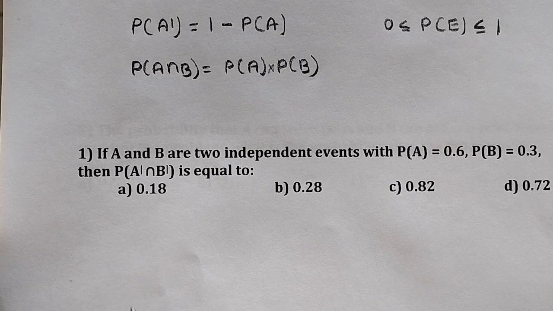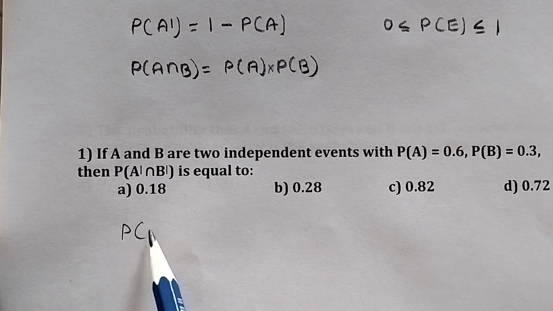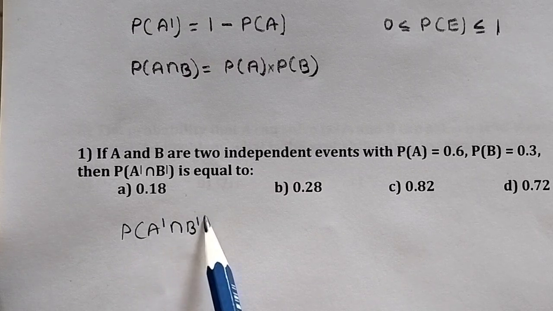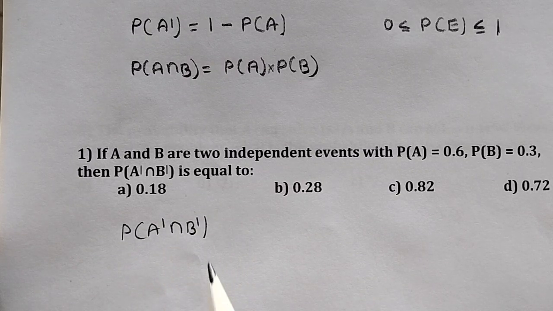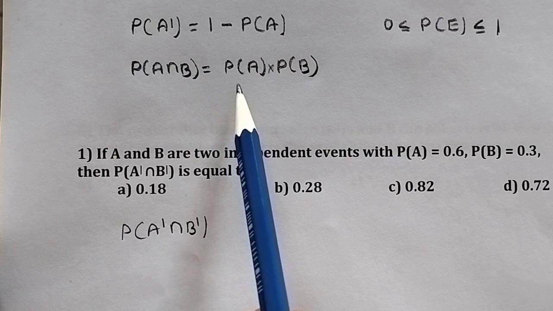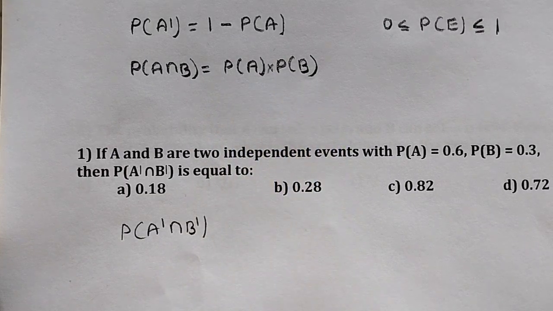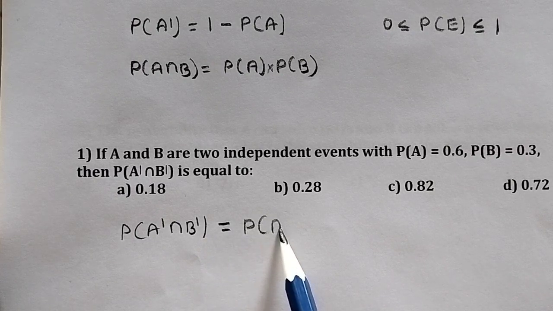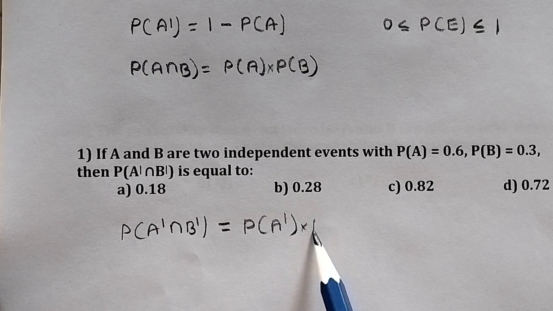We are going to find P of A dash intersection B dash. The same formula, P of A intersection B equal to P of A into P of B, is also applicable for P of A bar intersection B bar. Now this is equal to P of A bar into P of B bar.